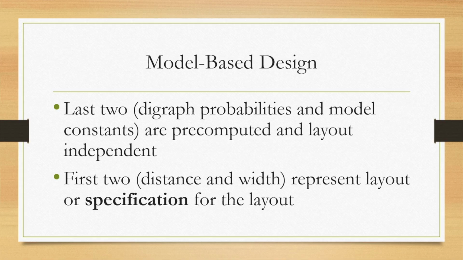Now, the digraph probabilities and the model constants are pre-computed and they are independent of the layout, but the first two, the distance between keys and the width of each key, represent the layout or specification for the layout. So, they are very much layout dependent.